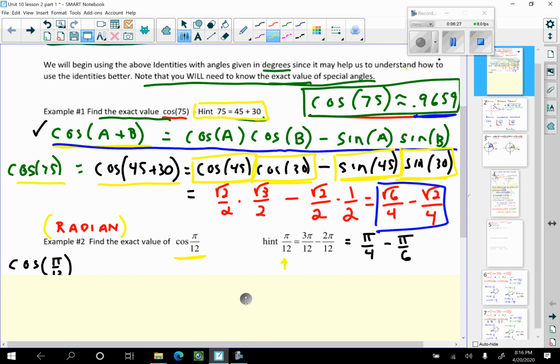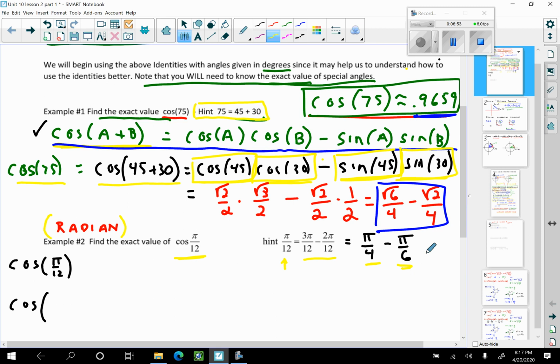True or false, 3 pi over 12 minus 2 pi over 12 is indeed pi over 12. Well, what is 3 pi over 12? That's the same as pi over 4, a nice angle on the unit circle. What's 2 pi over 12? Pi over 6, again, a nice angle on the unit circle.